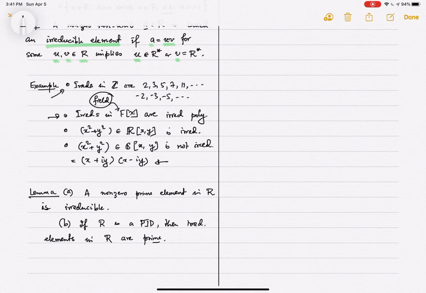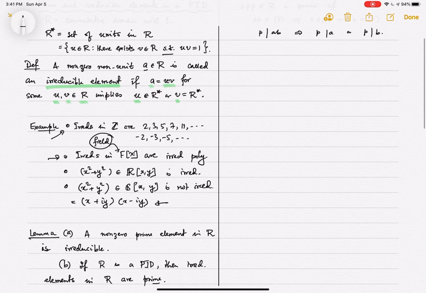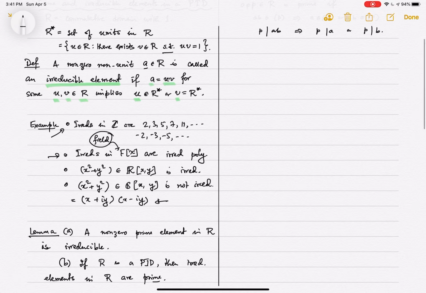So maybe we should actually go through the proof of this carefully. I'll remind you that an ideal is in another ideal if and only if the element, the generator of the smaller ideal, is in the bigger ideal, if and only if B divides A. Right?